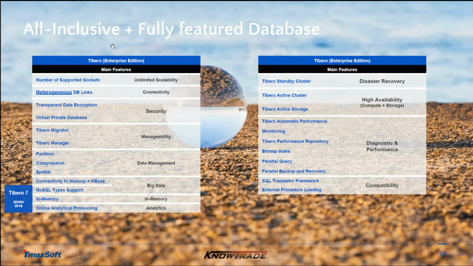For Tibero Enterprise Edition, it's an all-inclusive model where you can use everything, and you don't have to worry your customers about what they can use and what they cannot. That also applies to the people that are making software, independent software vendors.